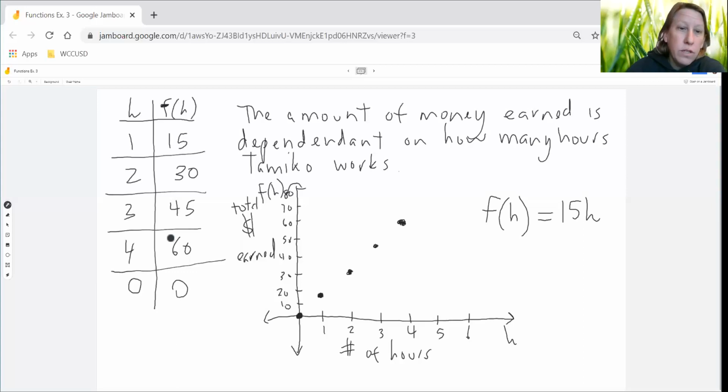All right, and with function notation, we could say 3 hours of work is equal to $45. When 3 goes into the function, 45 comes out. This is kind of what it would look like. 1 point in function notation, 3, 45. The 3 represents 3 hours, the 45 represents $45.